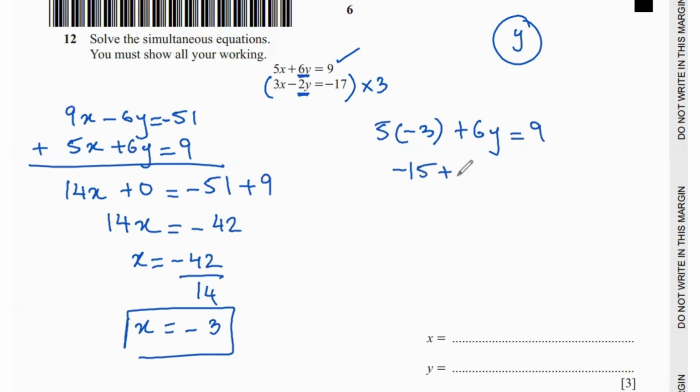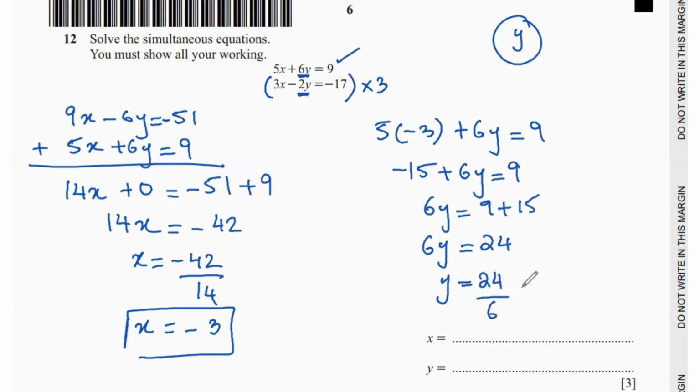Negative 15 plus 6y equals 9. 6y equals 9 plus 15, which is 24. So y would be 24 divided by 6, which is equal to 4. So when x is negative 3, y is 4. That is your answer.